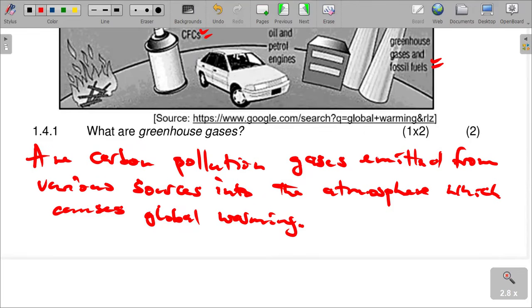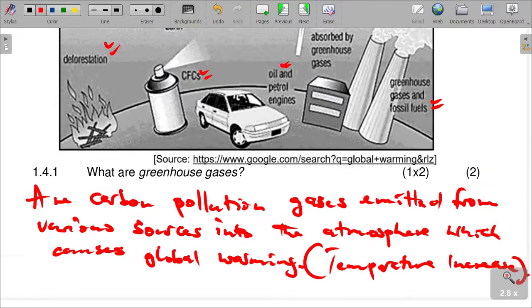We can talk about an increase in global temperatures, which can be caused by the greenhouse gases that we are talking about. So that is what we mean by greenhouse gases.